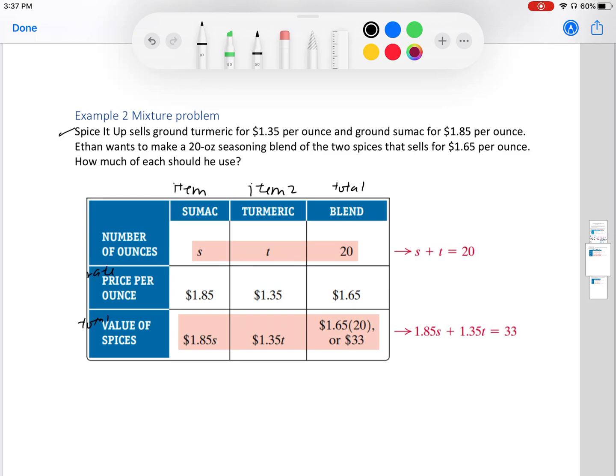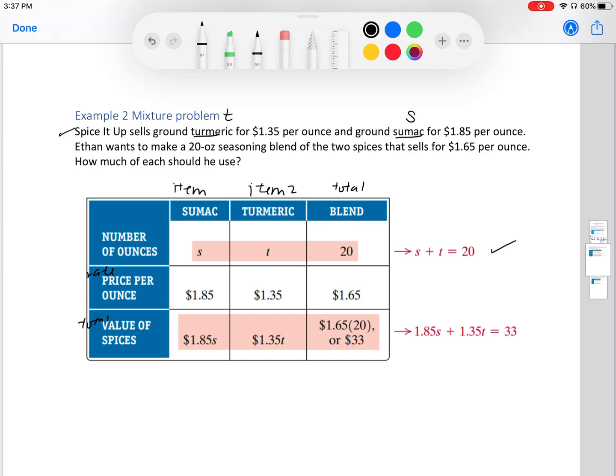Let's say item 1 is sumac. Let's write S for sumac, and T for turmeric. And we said that the total amount of these two spices blended would be 20 ounces. So we have S plus T equals 20.